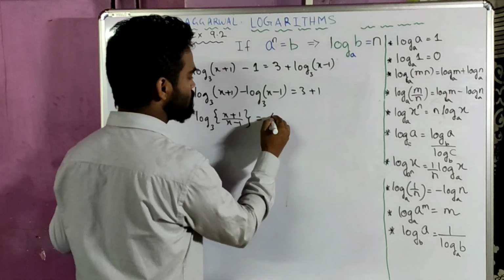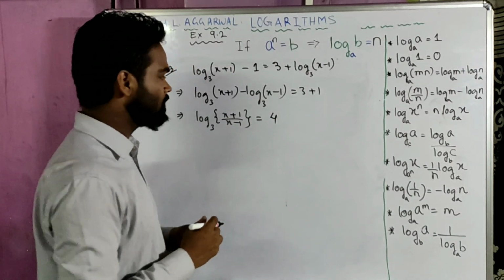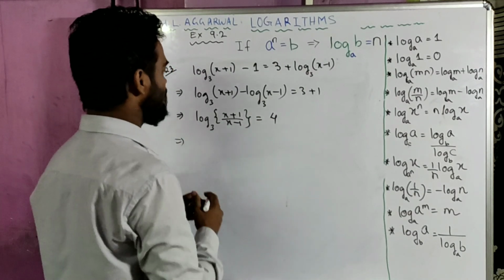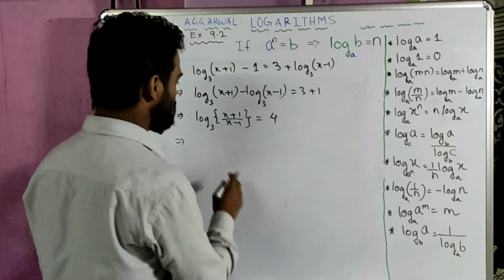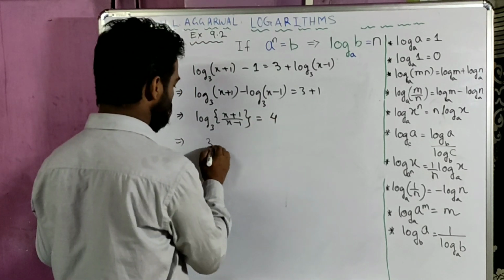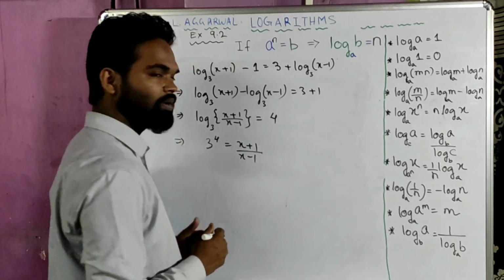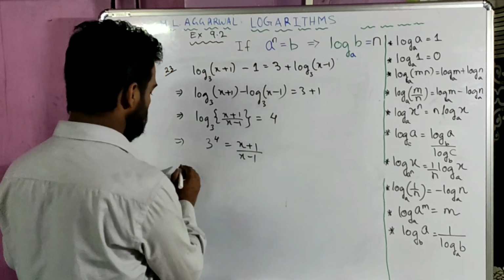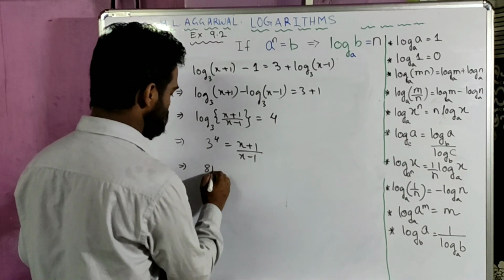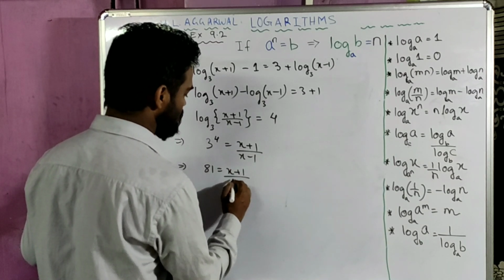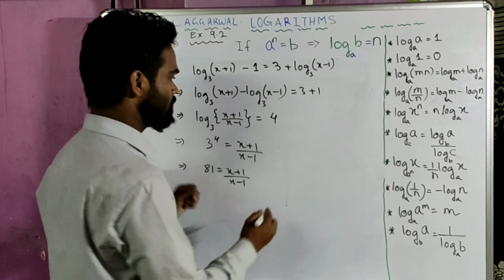Base 3 is equal to 4. Am I clear? Now we can write this in exponential form. 3 to the power 4 is equal to x plus 1 by x minus 1. Done.